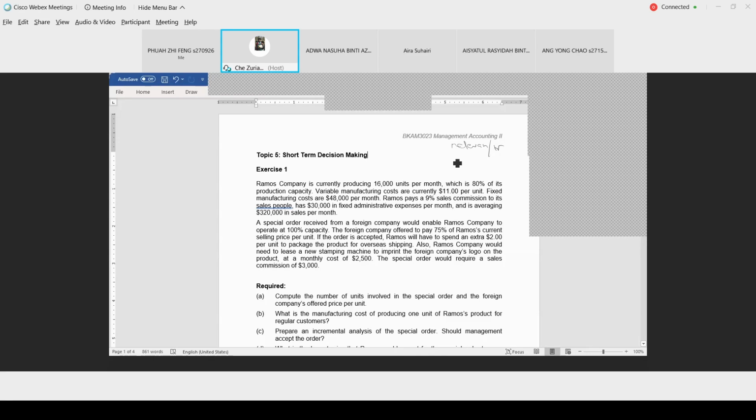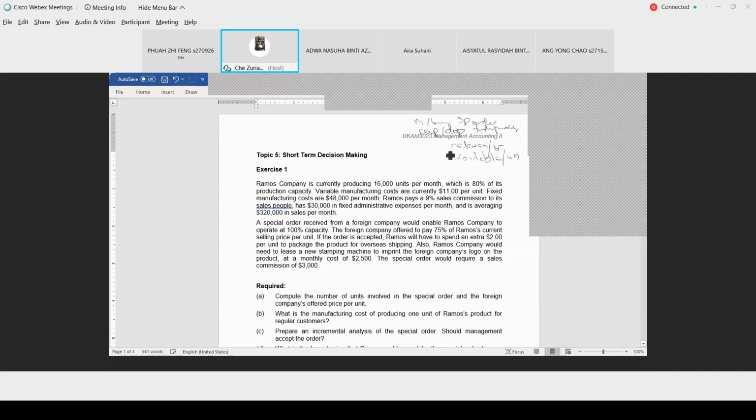And then we also talk about avoidable and unavoidable cost. And also we have 4 types of decision that you need to understand: make or buy, special order, keep or drop, and one more, further process.